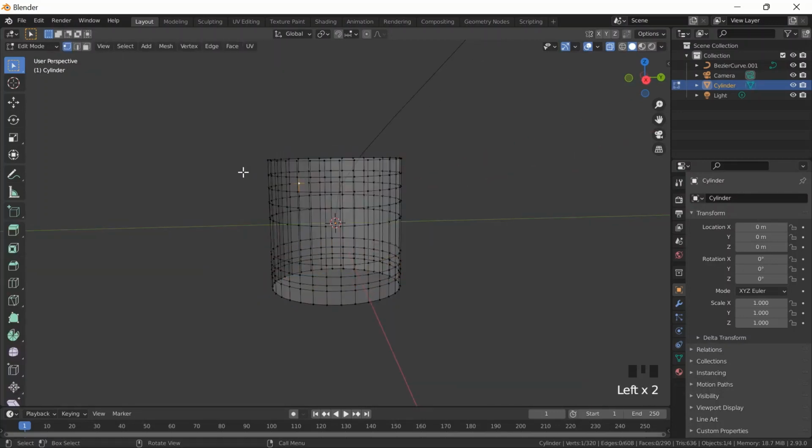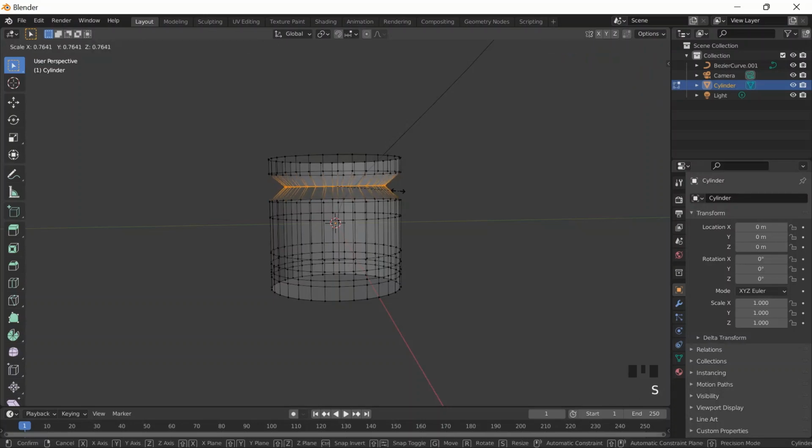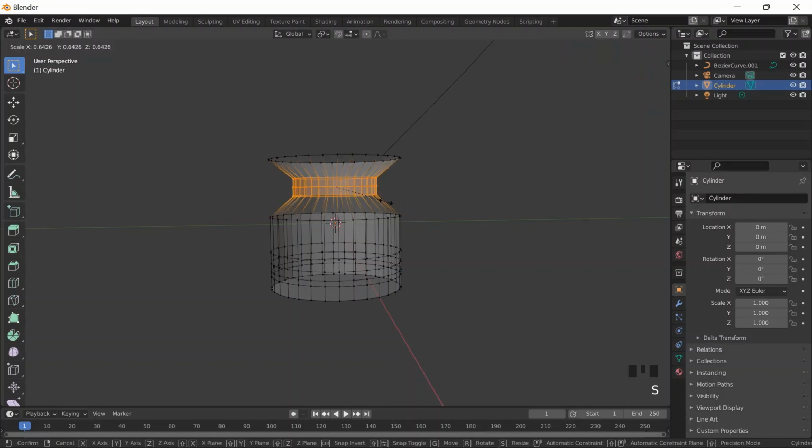So what I'm going to do is take these ones in the middle and scale them inwards. Why does it scale like that though? I don't like that it scales that way. I want the whole thing. No, that's horrifying.